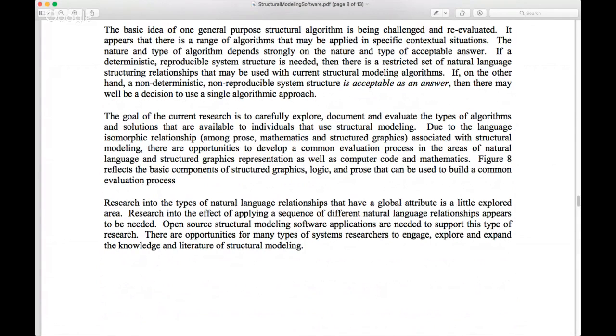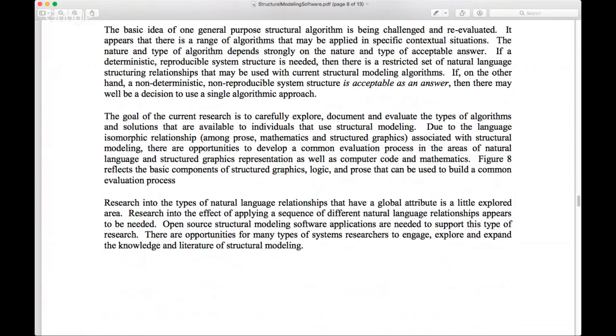How do we map a natural language relationship, and its attributes, to a computer science algorithm? And does it make sense to do this in all cases? I think that's an important area.